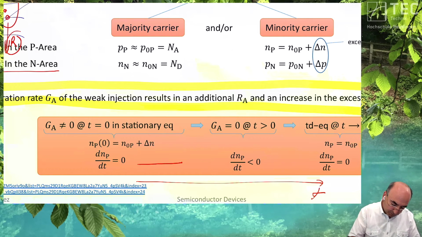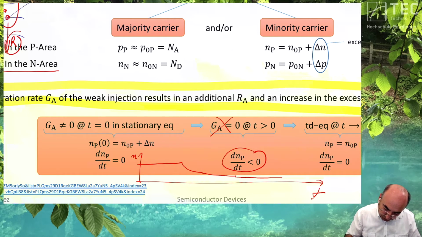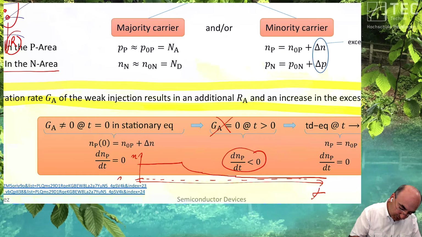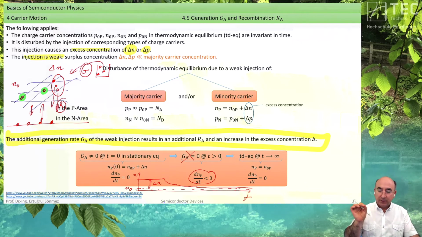This concentration goes down because you don't have any additional generation, so the change is negative, and it goes down to a value which corresponds to the thermodynamic value. And this delta diminishes to 0. Okay? So this is the content of this slide.